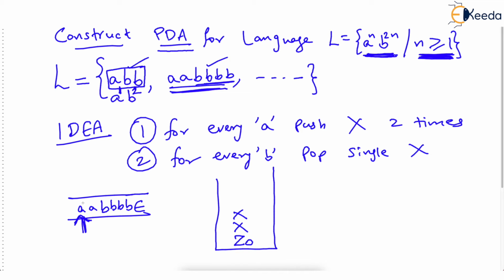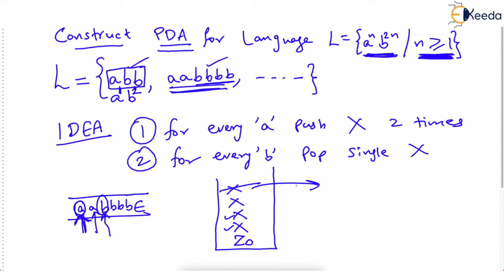That means we are remembering every a using 2 symbols, or every a is registered 2 times on the stack. Now the second a also will result in pushing x 2 times. Now as soon as our PDA encounters a b, it will cancel 1x, it will pop this.